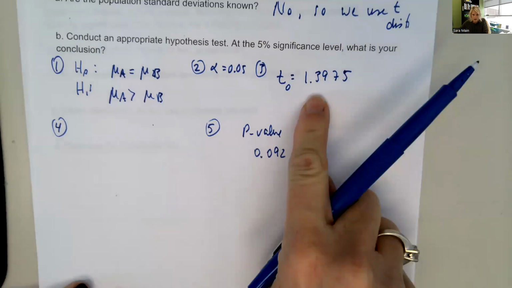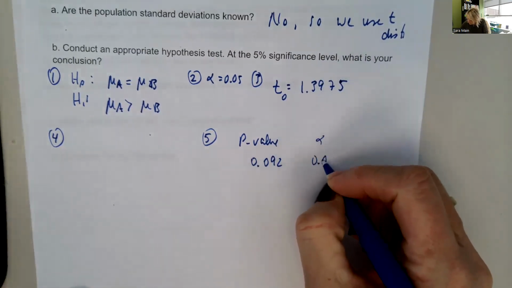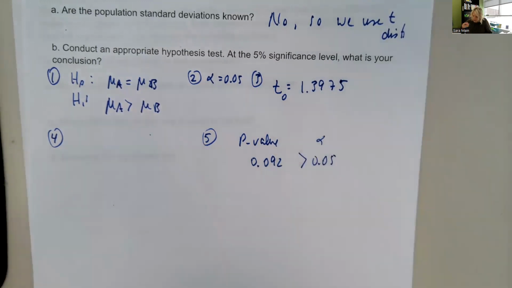There's our test statistic. There's our p-value compared to alpha at 0.05. It's greater than, so we will not be rejecting H0.